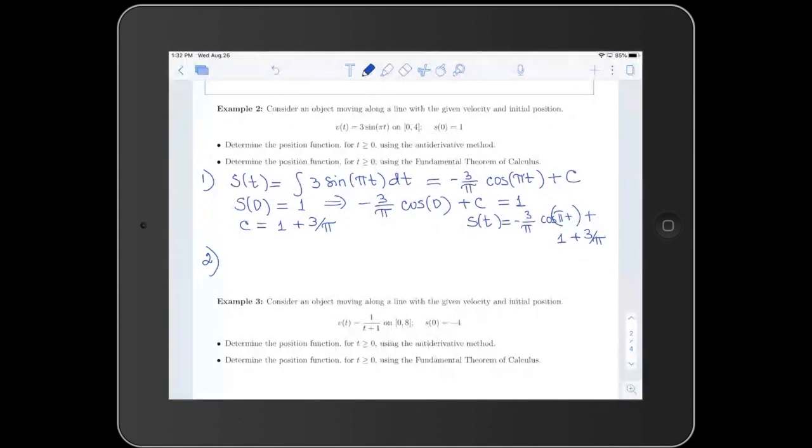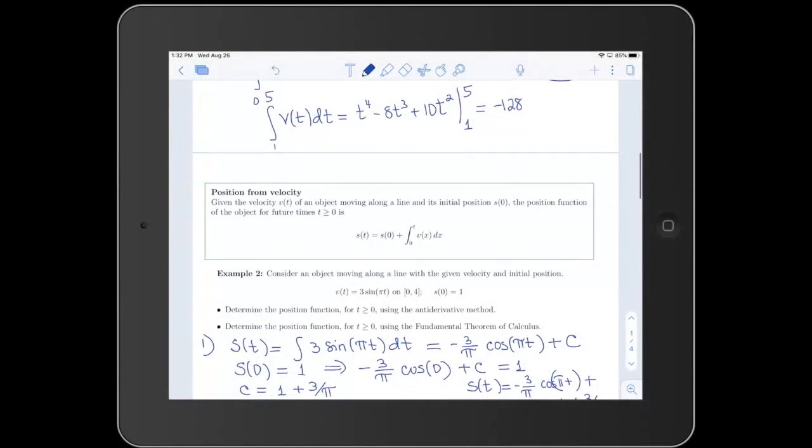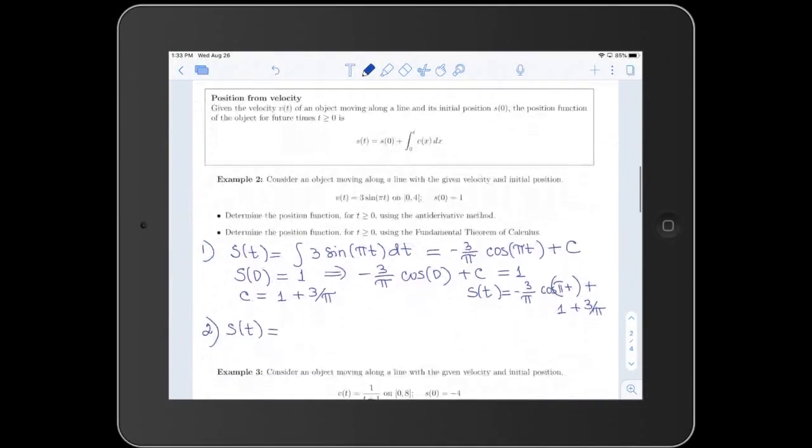Second solution to the same problem, determine the position function using the fundamental theorem of calculus. Okay, S of t, then you would be using this formula right here. You're basically combining the integration with limits here and the initial condition in one step.